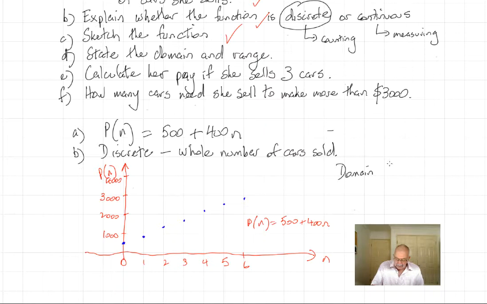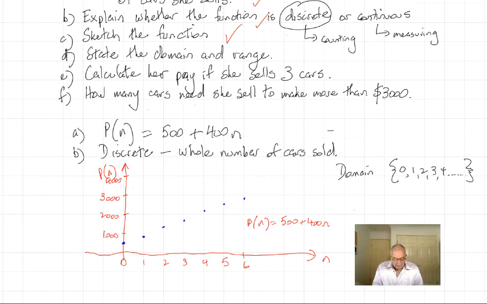The domain are all x values, and they will be 0, 1, 2, 3, just put enough numbers down so it's obviously what the pattern is, and just put dots, and that means all the integer values from 0, 1, 2, 3, 4, etc.